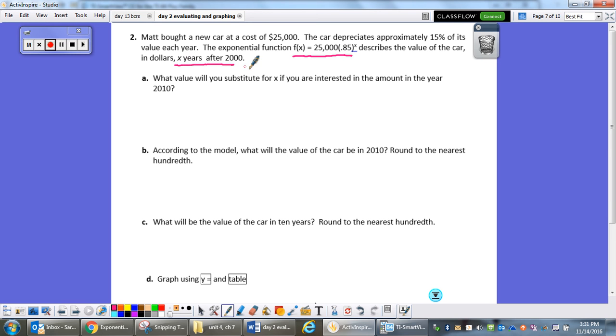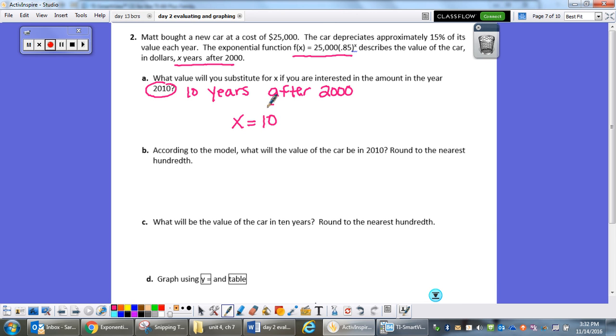So again, your question is, what value will you substitute for x if you're interested in the amount in the year 2010? Well, 2010 is 10 years after 2000, so we just use x equals 10.